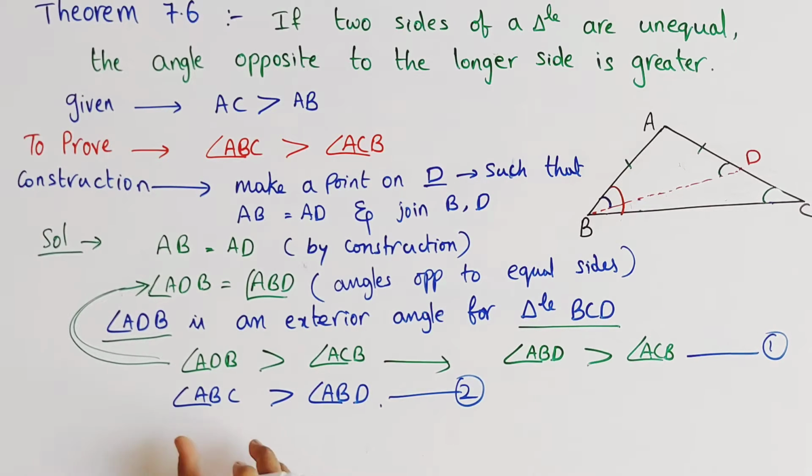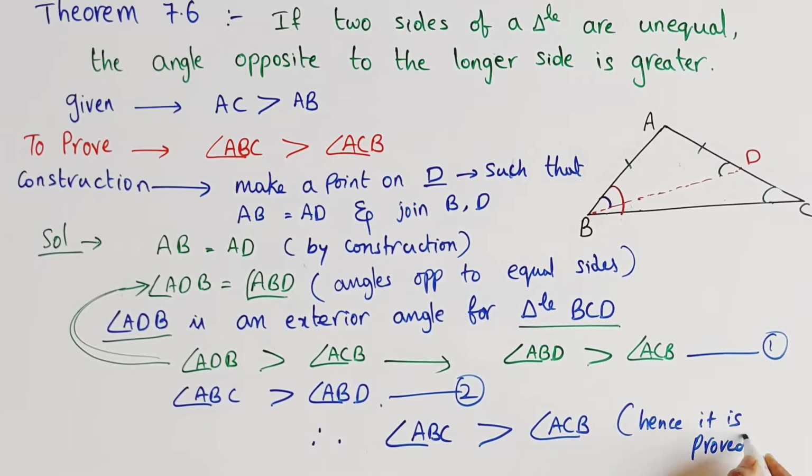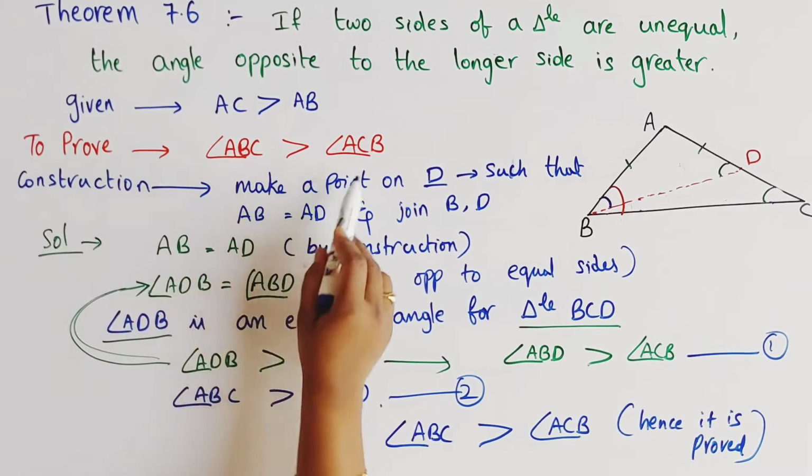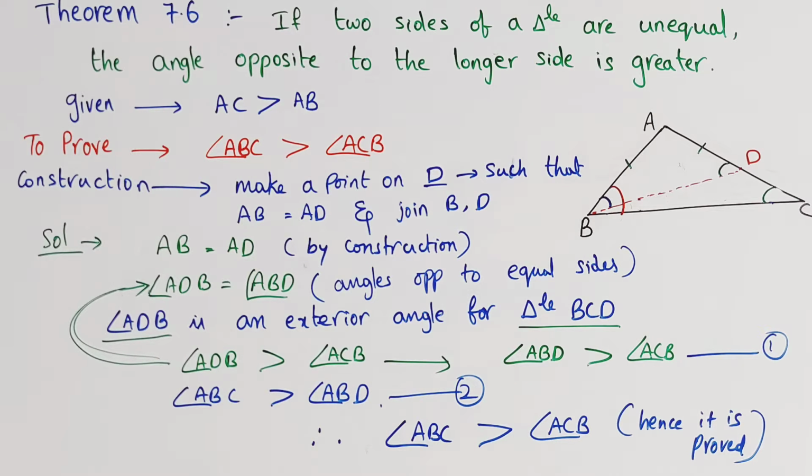Correct, children? So can I write angle ABC is greater than angle ACB from these statements 1 and 2? Therefore, angle ABC is greater than angle ACB. Hence, it is proved. That's what we needed to prove, children. Angle ABC is greater than angle ACB. Right, children?